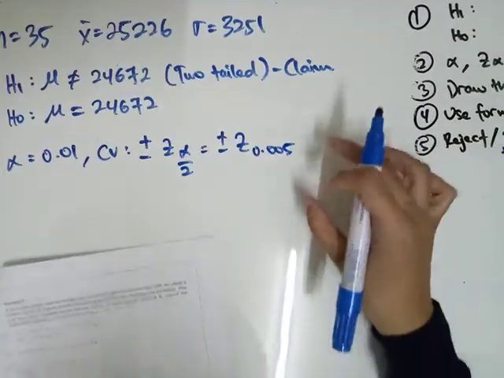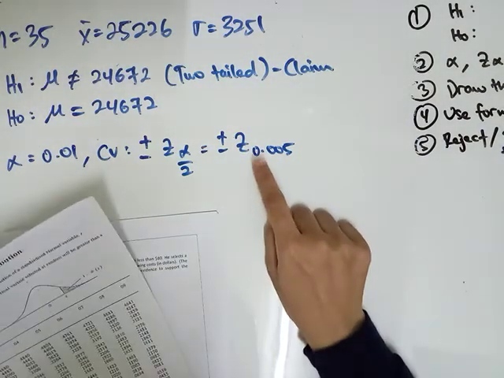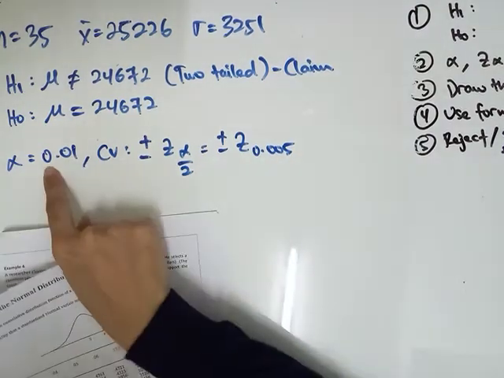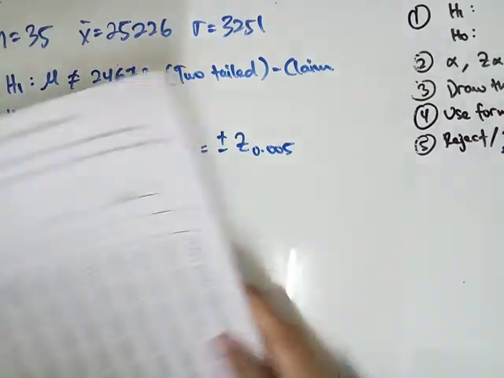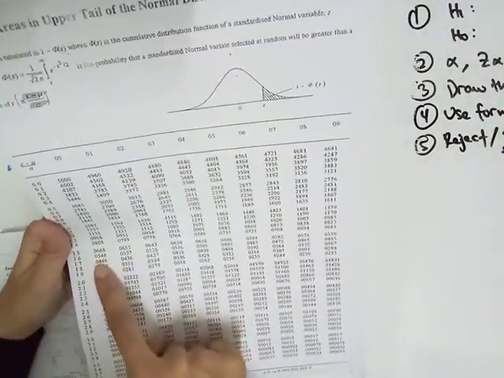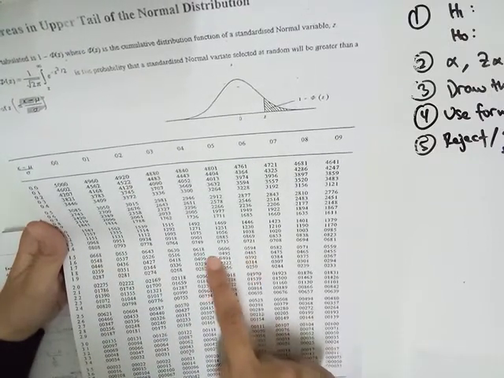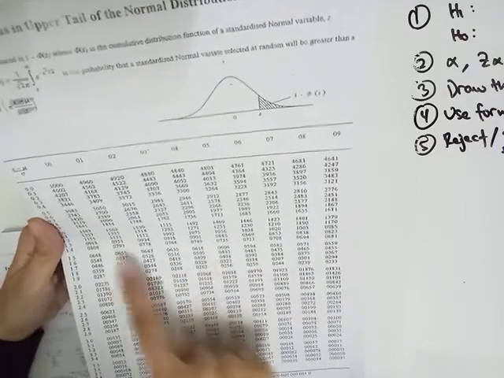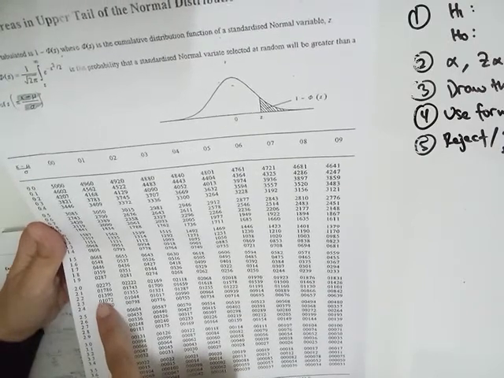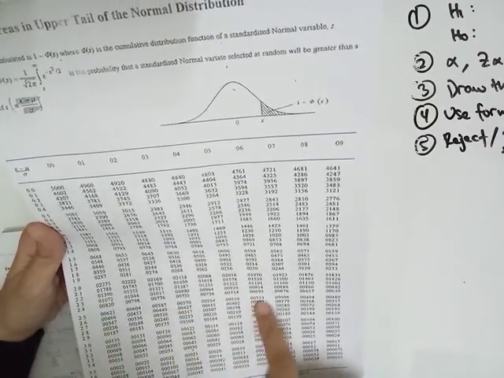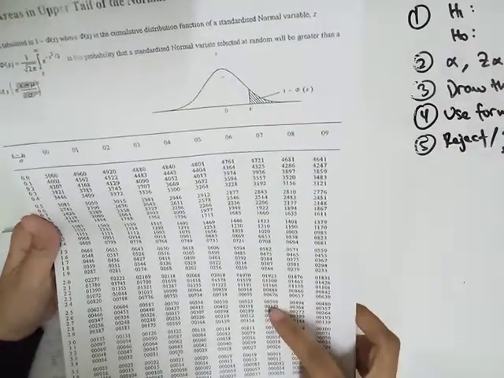And then you can find the Z value. Use the area 0.005, not 0.01, because we already divided by 2. Okay, so 0.005. This one. So take the closest one.